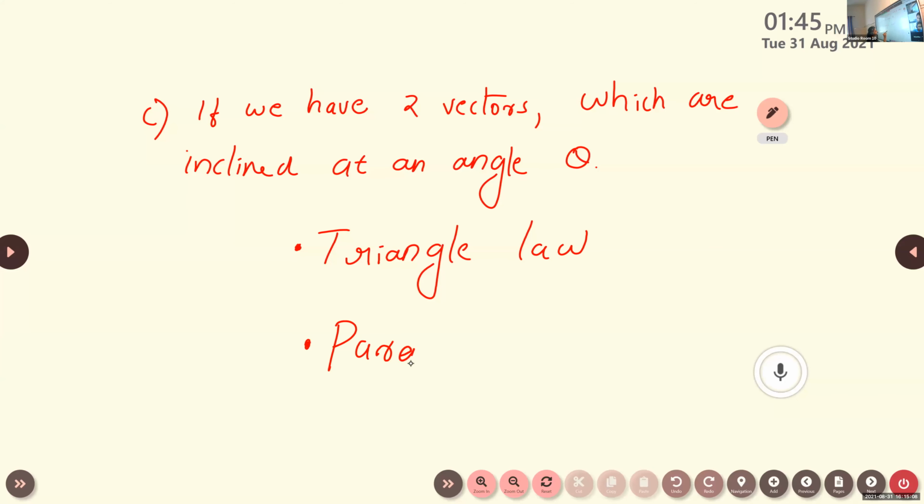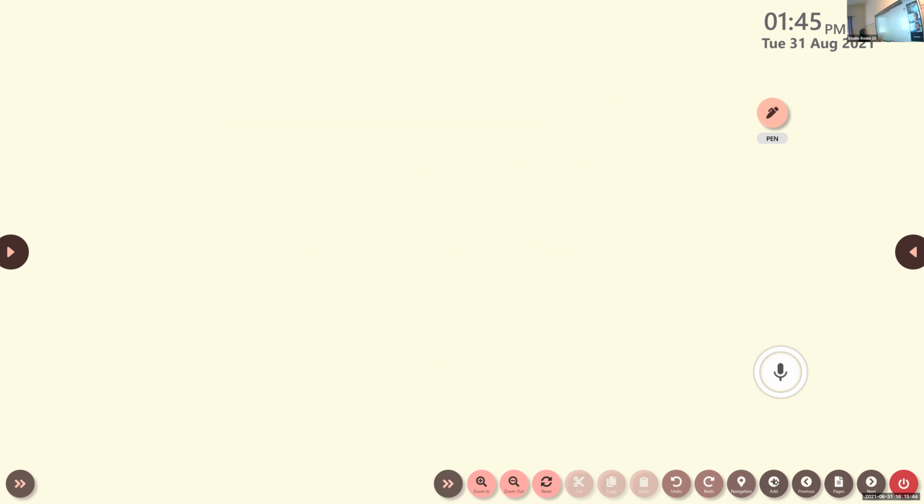So the resultant vector can be found using either triangle law or parallelogram law. We can discuss these two laws one by one. First, we are going to discuss triangle law.